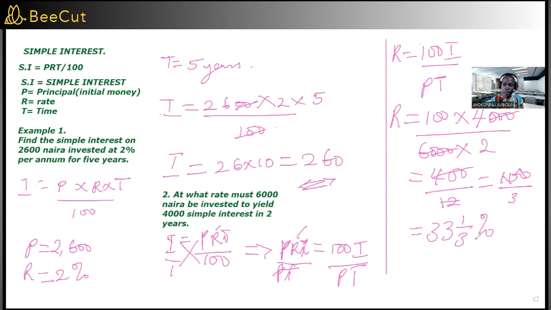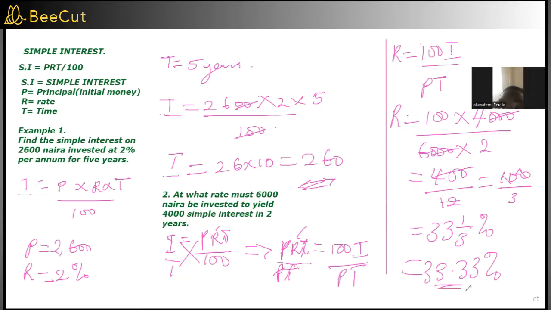That is 33.3%. But I can leave it in decimal by saying 33 point 3, 3, 3, 3. Then just leave it at 33.33. So that is how to find that.